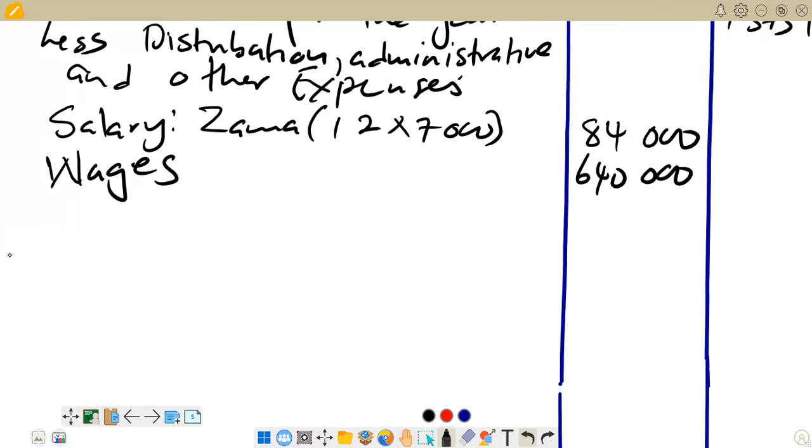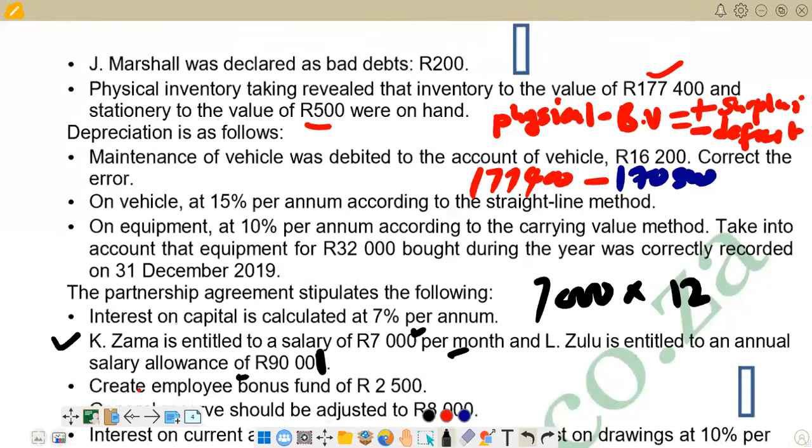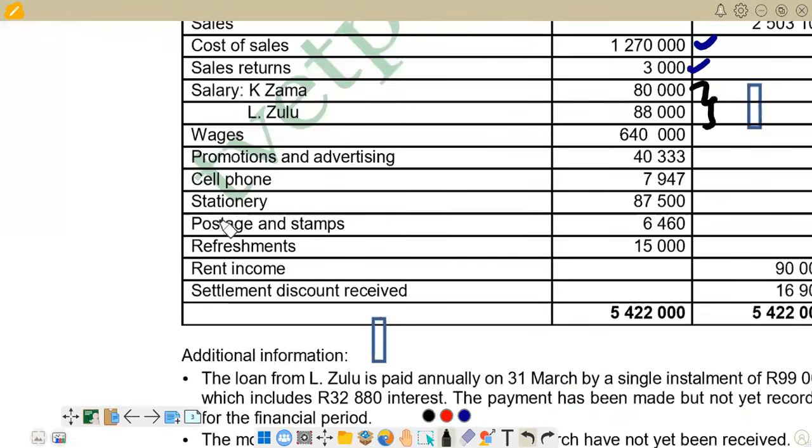Then under wages, we check what other expense we have. We have promotions and advertising, 40,333. Before entering these figures, we check in the additional information if there's anything affecting them.